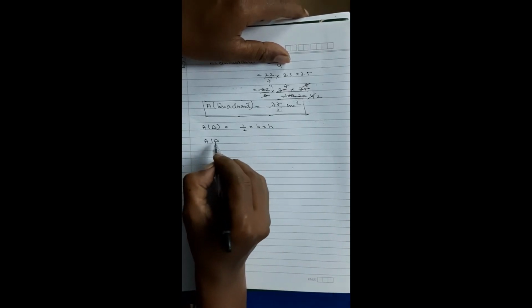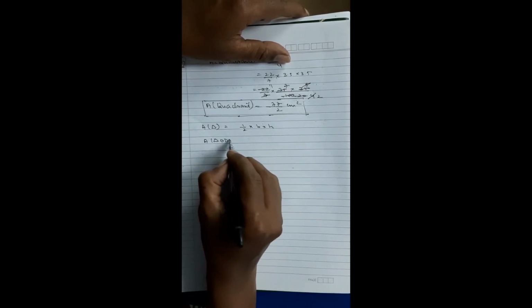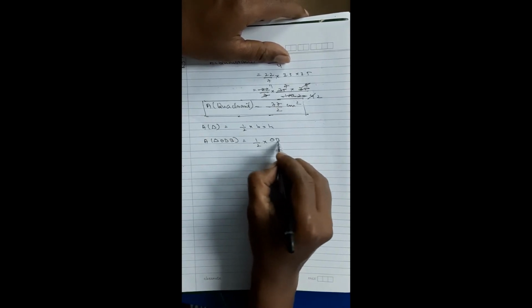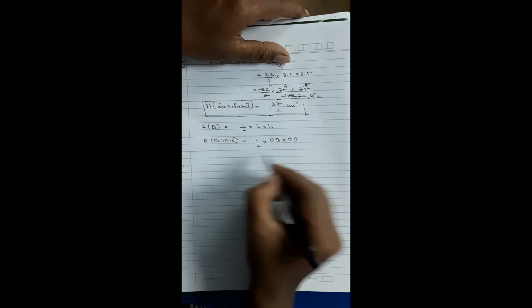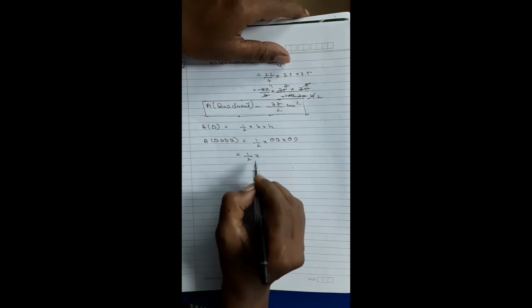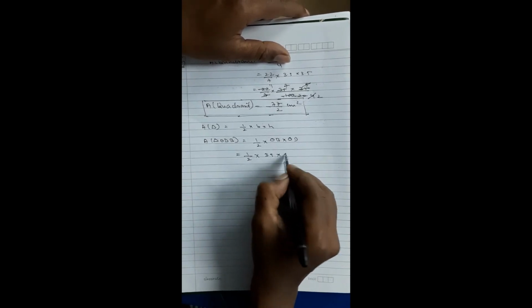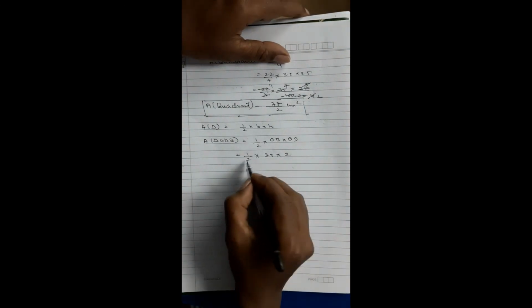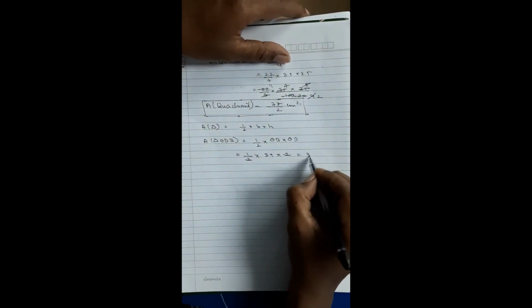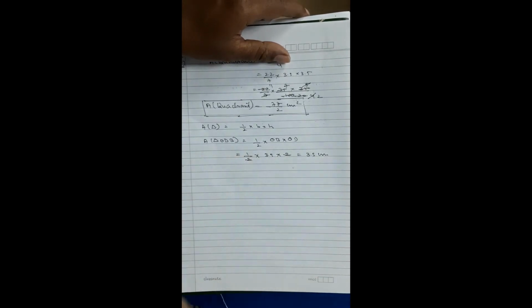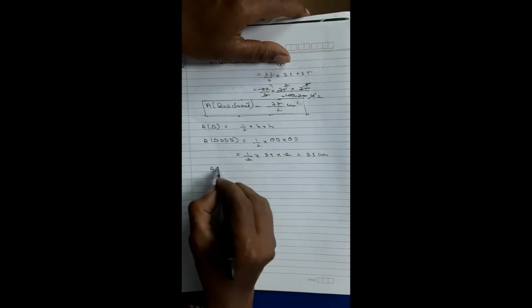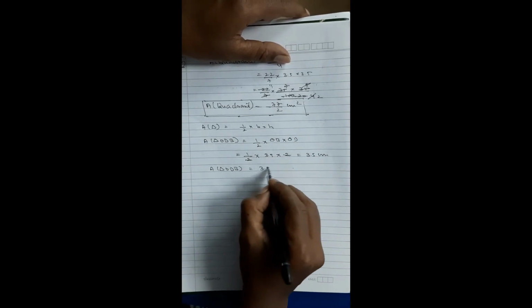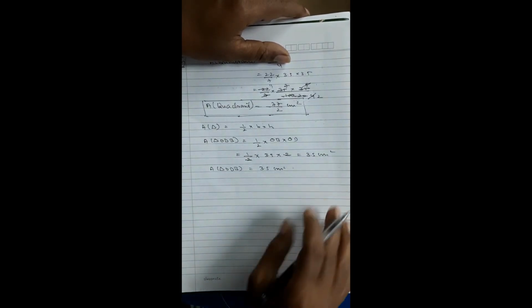Therefore area of triangle ODB is equal to half into base is OB into height is OD. OB is 3.5, OD is 2, 2 से 2 मर गया, that is equal to 3.5 centimeter. Area of triangle ODB is equal to 3.5 centimeter square.